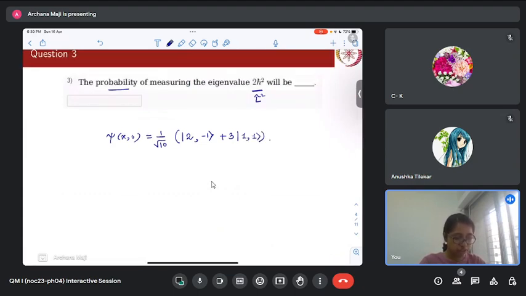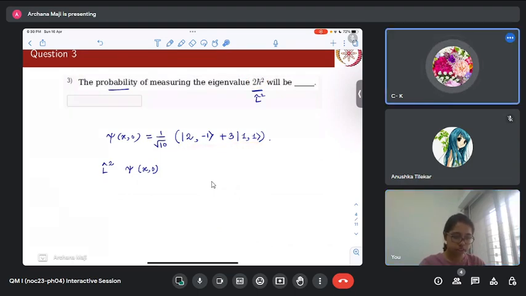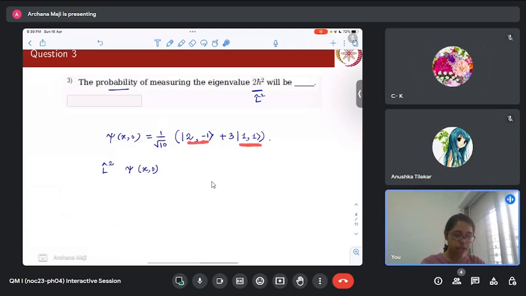Now if you measure L square on this state psi, in this linear combination, which particular state will give you 2h cross square? The last one will give it, because the first one you have already checked, and it gives 6h cross square.